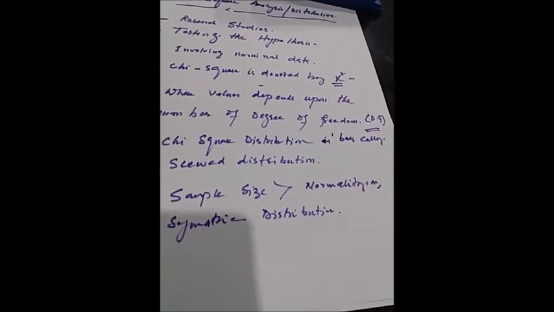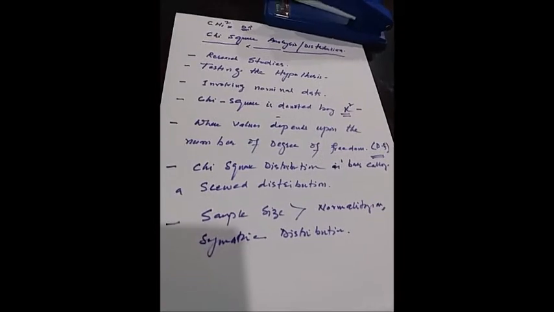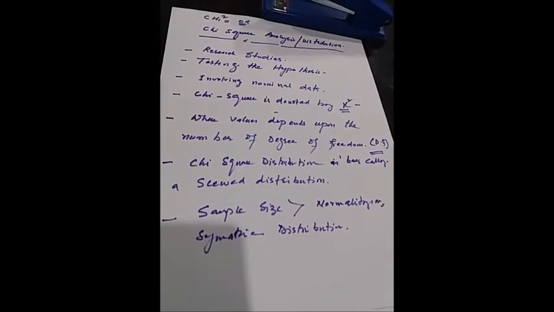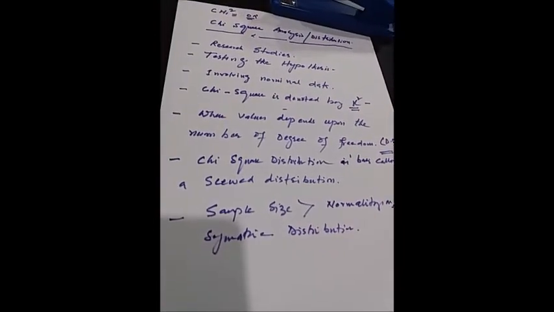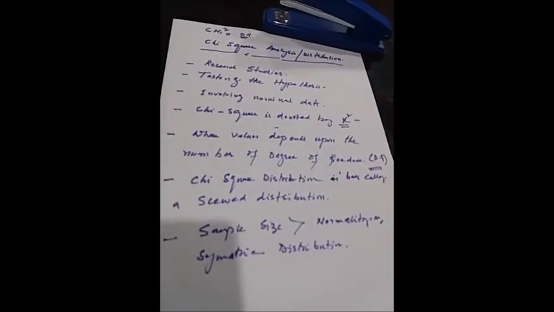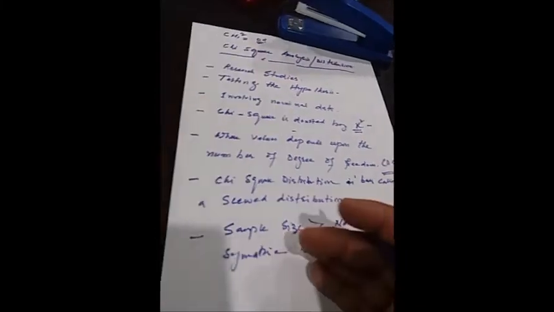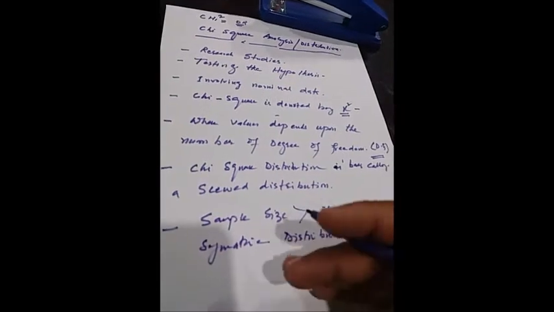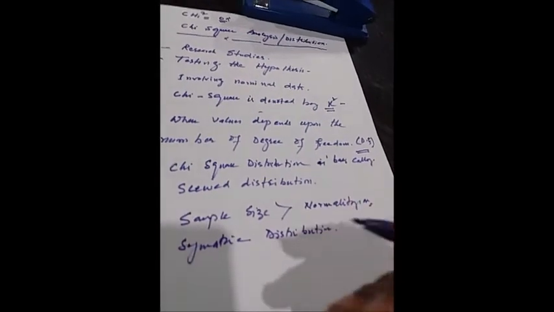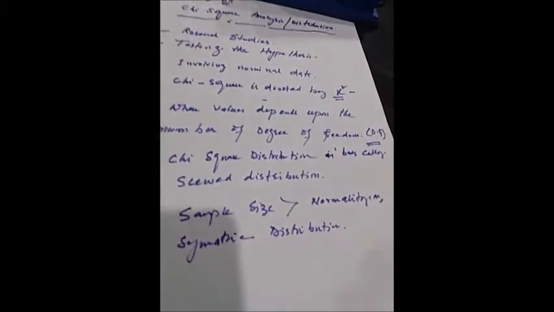When the observed sample size is larger, it approaches a symmetric or normal distribution. But if the sample size is smaller, then the chi-square distribution approaches a skewed distribution. Its tail may increase from the right side or the left side.